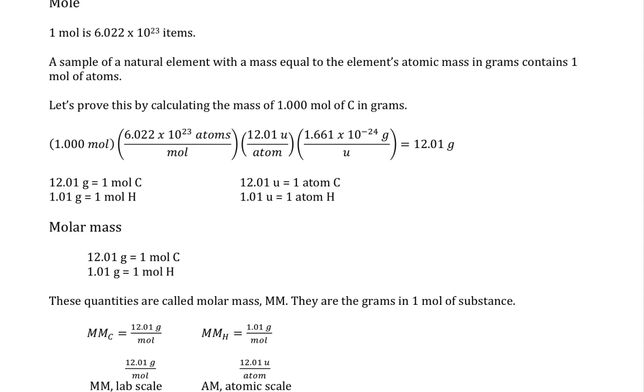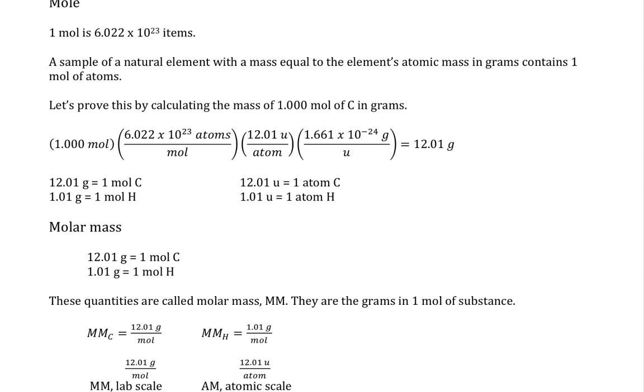Next step is to use the atomic mass of carbon, which is 12.01 U per atom. We write it so atoms cancels. Our last quantity is to convert from atomic mass unit to grams. That conversion is 1.661 times 10 to the minus 24 grams per U. So we have U canceling.